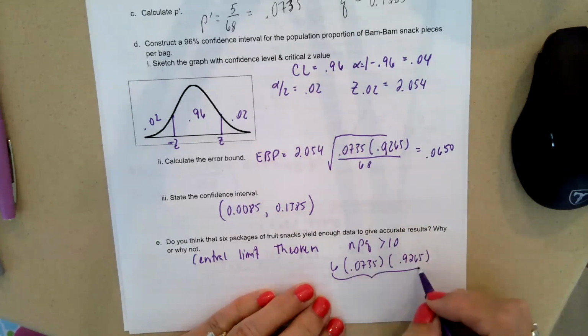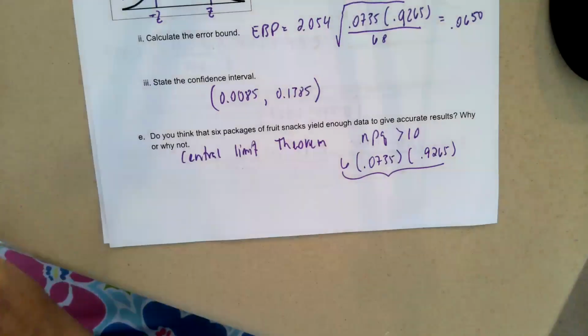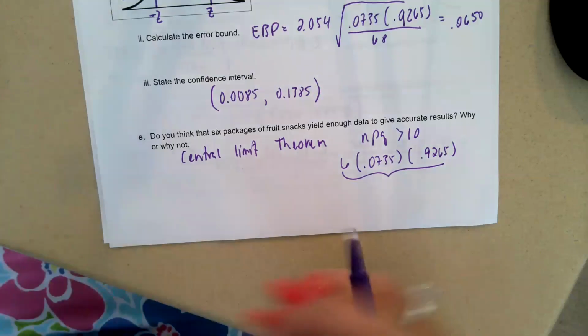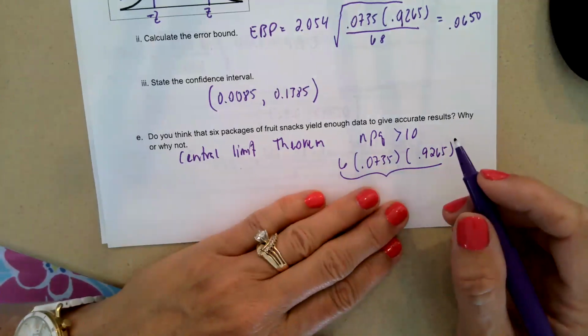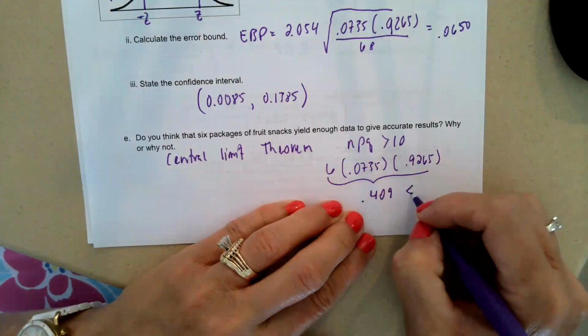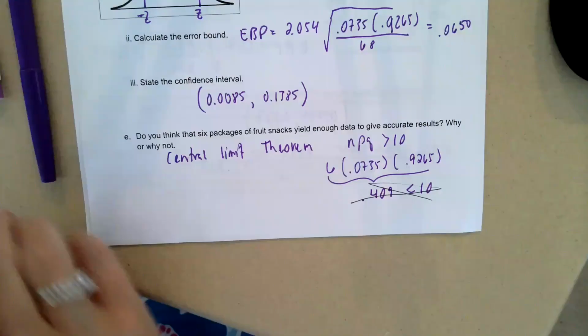And let's see what that actually comes out to be. That is not big enough. It's 0.409. It's less than 10. So I would say it's not enough.